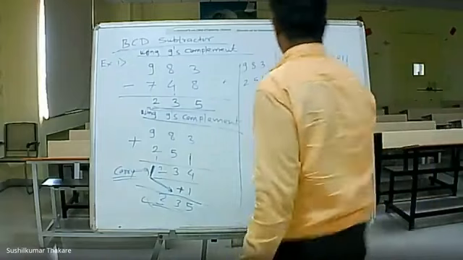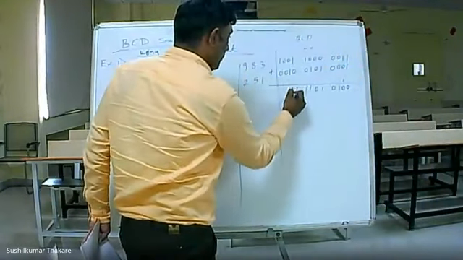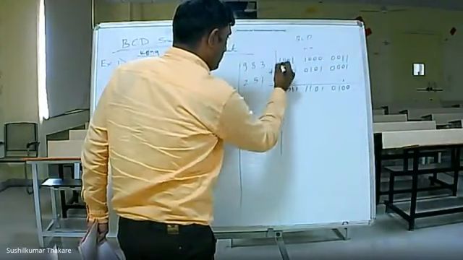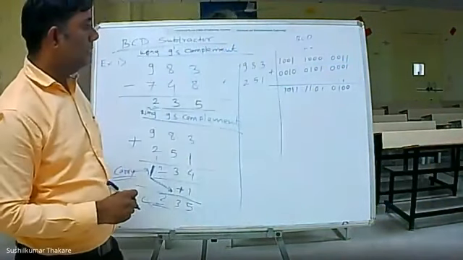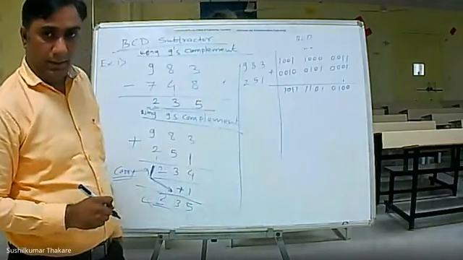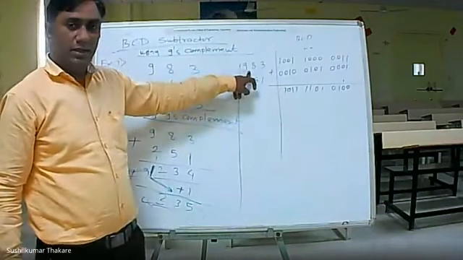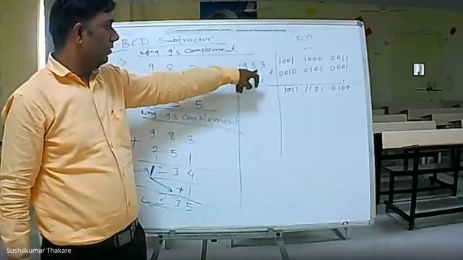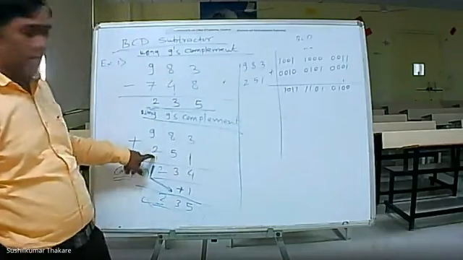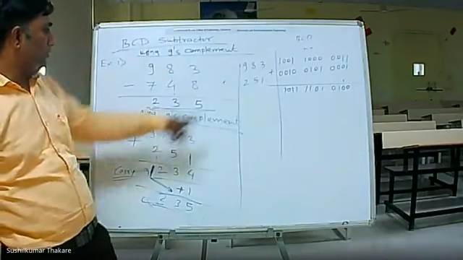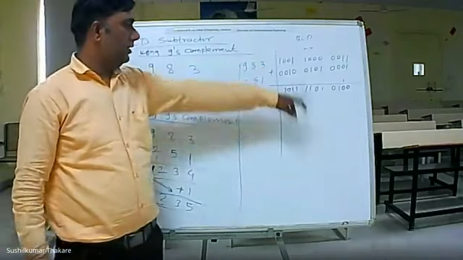Then 1 plus 0, 1; 0 plus 1, 1; 0 plus 0, 0; 0 plus 1, 1. Is it clear? Just using these BCD binary numbers, 983 plus 251 using the 9's complement method, write down these binary numbers and add them.